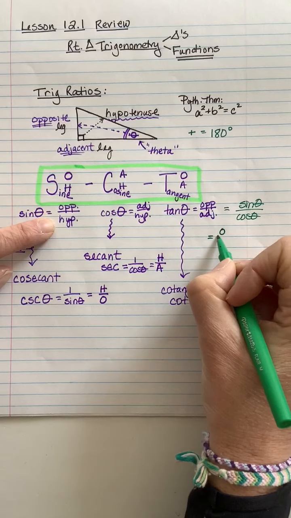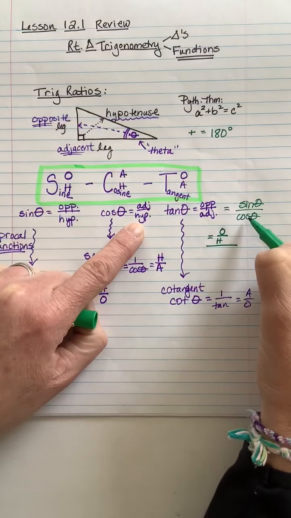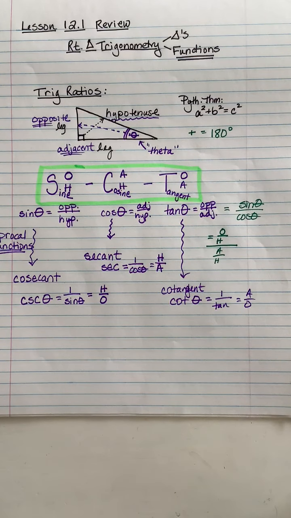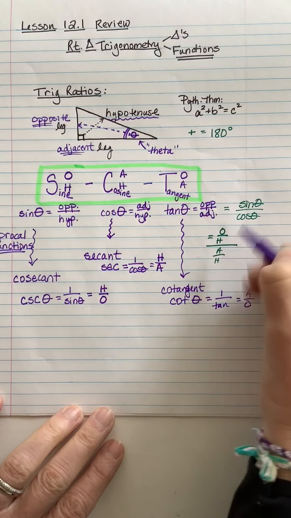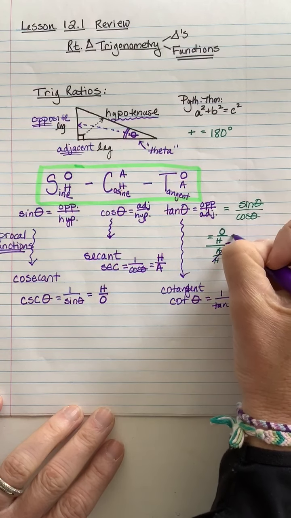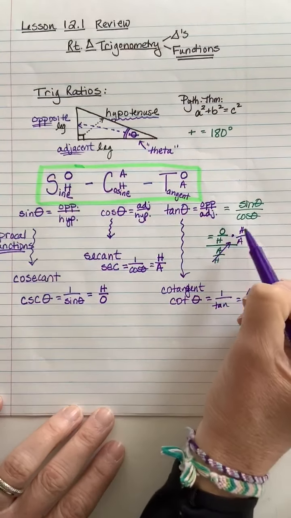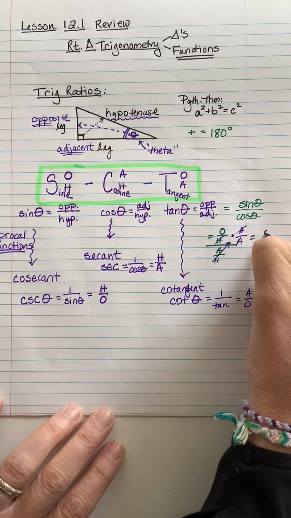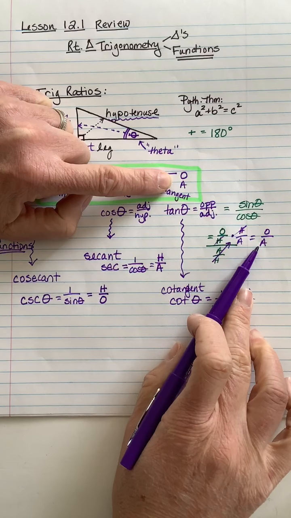So if I divide opposite over hypotenuse by cosine, which is adjacent over hypotenuse, I always like to look at it as, instead of dividing by adjacent over hypotenuse, I'm going to multiply by the inverse, hypotenuse over adjacent. You can see that the hypotenuse is going to divide out, and I will end up with opposite over adjacent, which is exactly what tangent is no matter what.